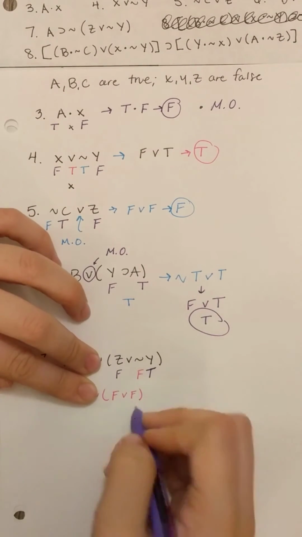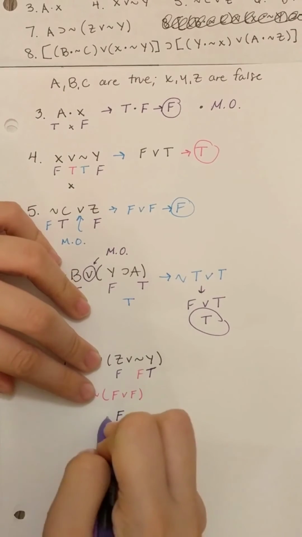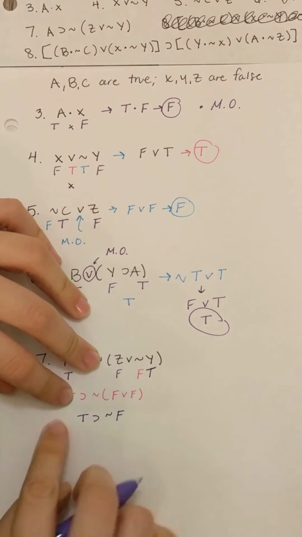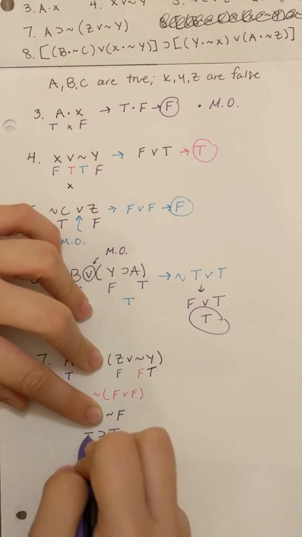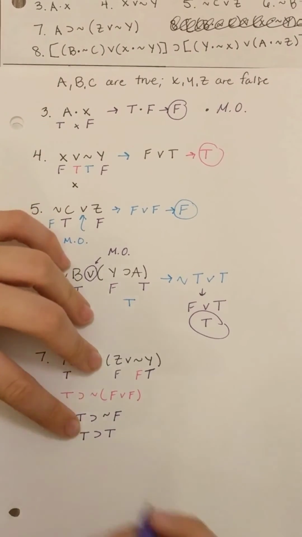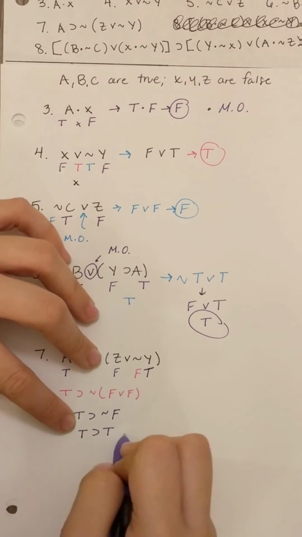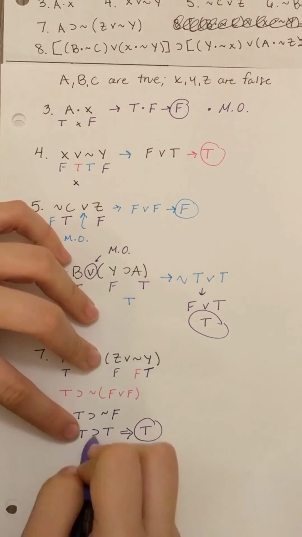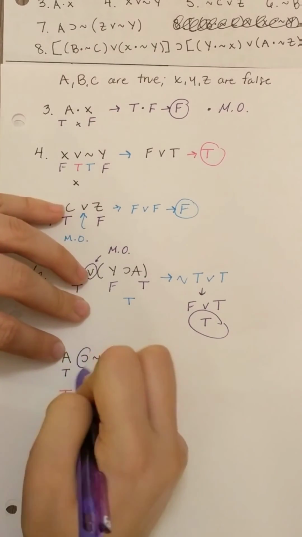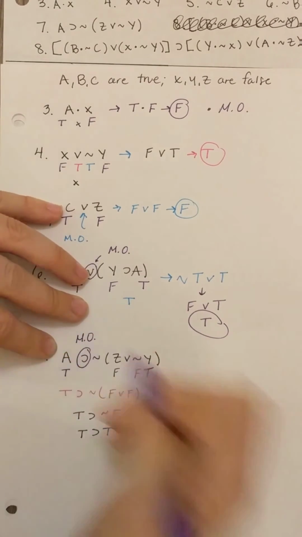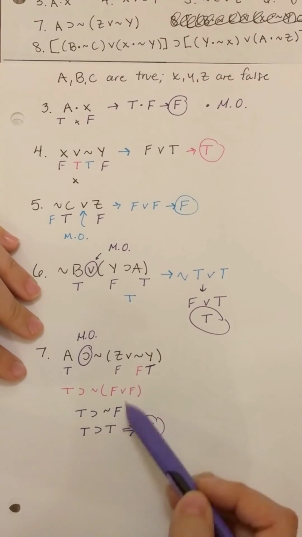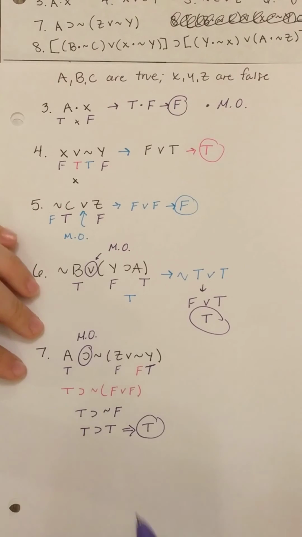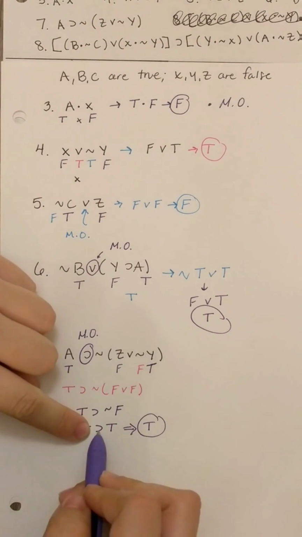So false or false is still false. So if true, then not false. Not false is true. So that becomes true or, if true, then true, which is true. And the horseshoe is our main operator. I think it really helps writing it down, changing it and writing it down each time, so you can see what the main operator is.